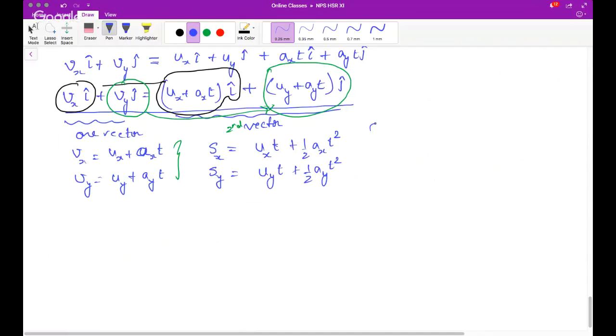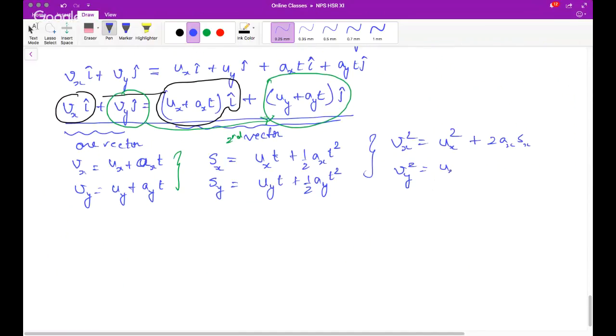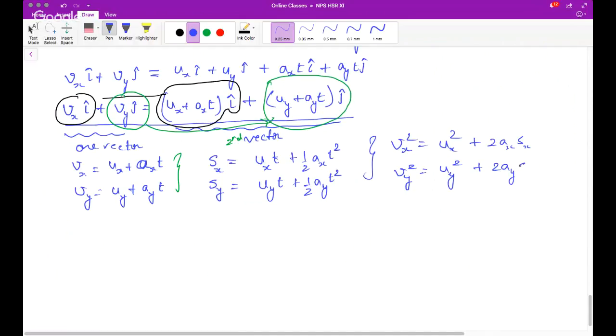The third equation will be vx square is equal to ux square plus 2 ax sx, and vy square equals uy square plus 2 ay sy. So where we used to see 3 equations in 1D motion, now we have 6 equations in 2D motion.